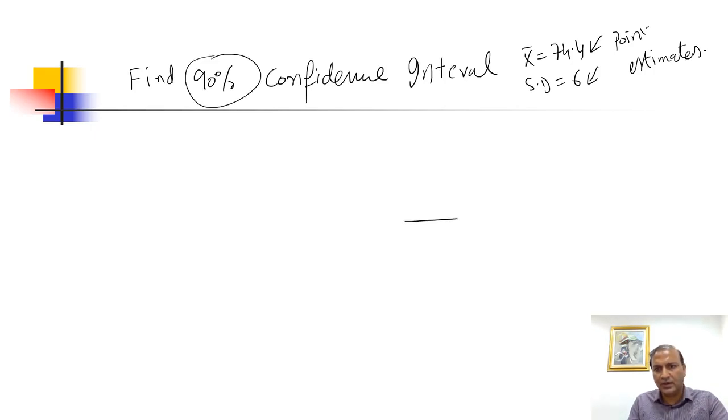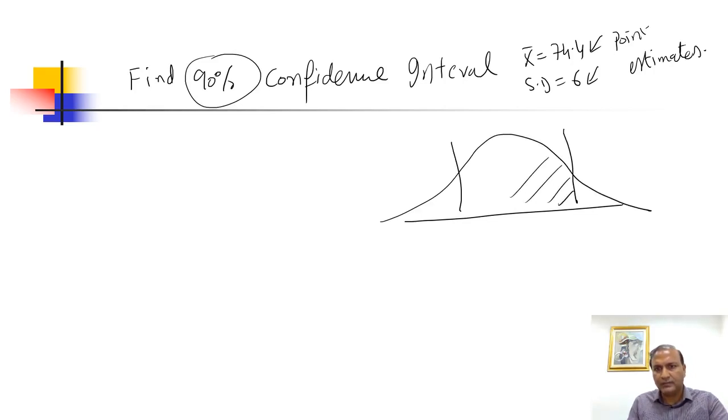So start with the diagram. Now our probability is 90%. And we have to find these x values. So this is the lower value, and this is the upper value. So remember, what is the first step?